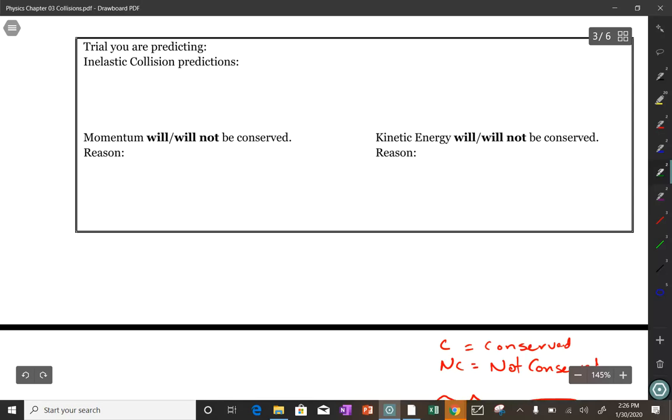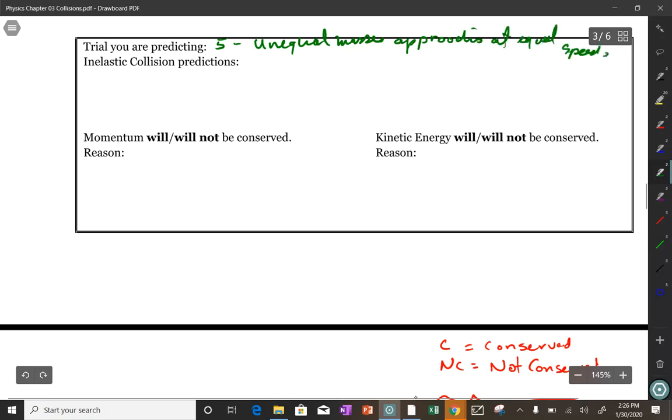So here I need to specify which trial I am predicting. I'm predicting trial number 5. Trial number 5 is unequal masses approaching at equal speeds.